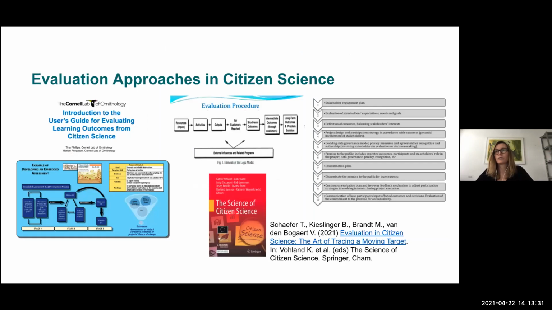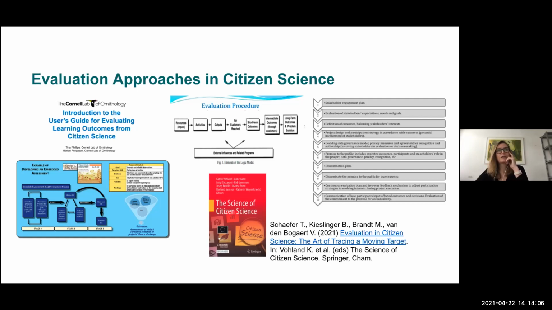When we look at what is already out there in terms of evaluation, there are different frameworks. One is the logic framework model, which comes from a different area, where people look into the activities, the outcomes, the outputs and longer-term outputs. So it comes more from developmental policies.